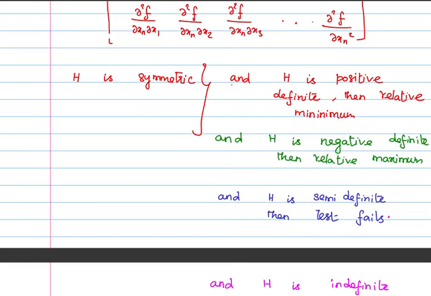What does H positive definite mean? H is symmetric and all the eigenvalues are positive.